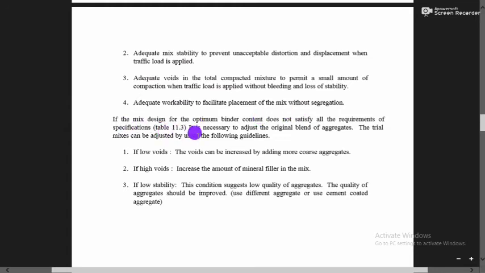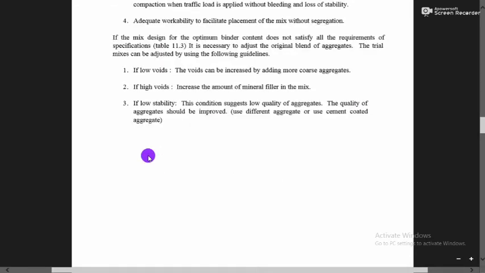If the mix design for the optimum binder content does not satisfy all of the requirements of the specification, table number 11.3, it is necessary to adjust the original blend of the aggregate. The trial mixes can be adjusted by using the following guidelines.